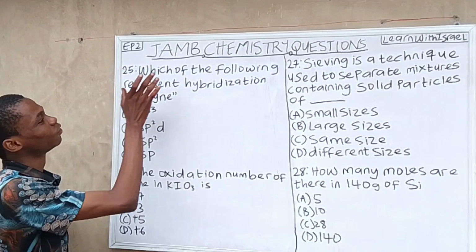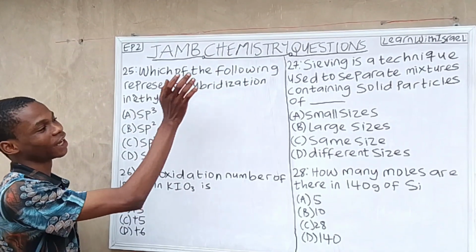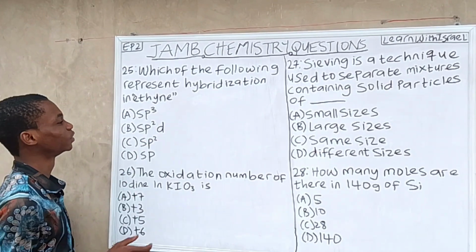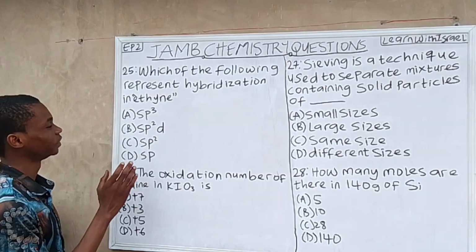Question 25. Which of the following represents hybridization in ethyne? A. sp3, B. sp2d, C. sp2, D. sp.